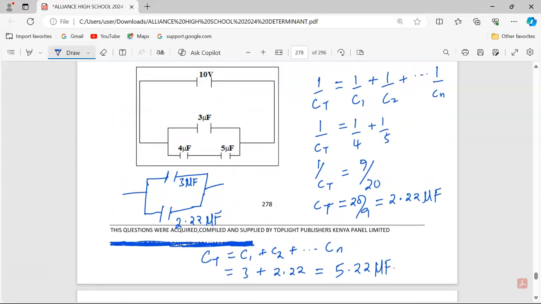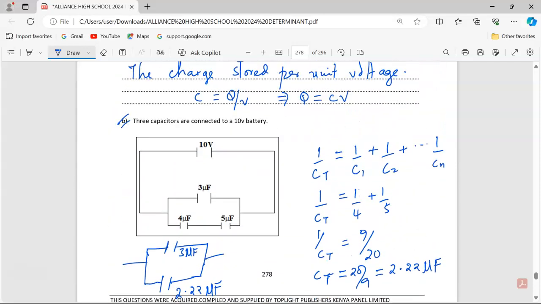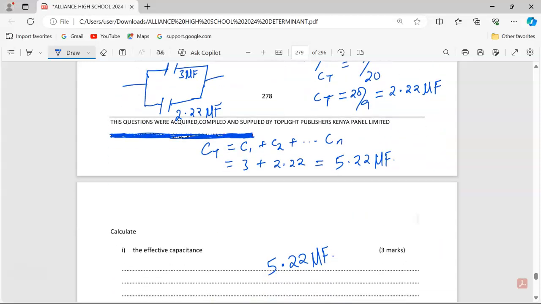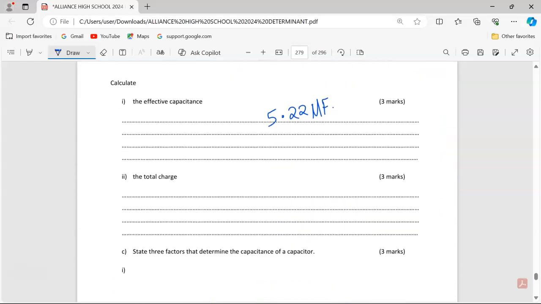Then another question is asking us to find the total charge in the system. I had already said that charge is given by capacitance times voltage. So to get the total charge, we need the total capacitance in the system times the voltage, and this will be 5.22 multiplied by 10, since the voltage is 10 according to the diagram and the instructions.